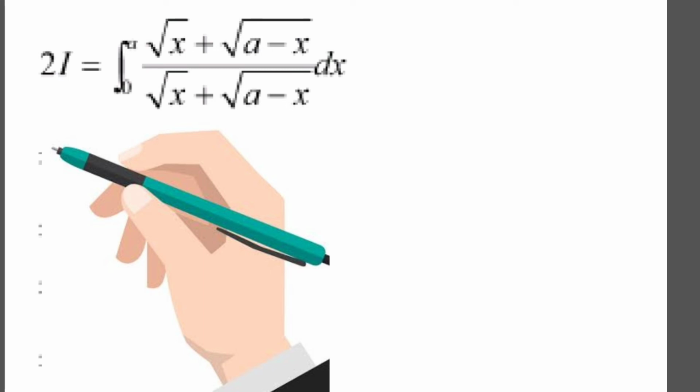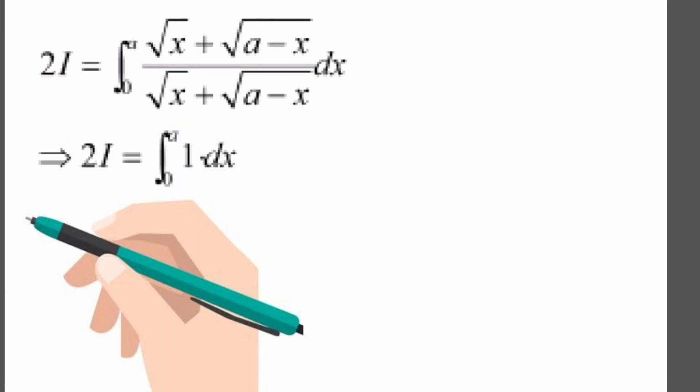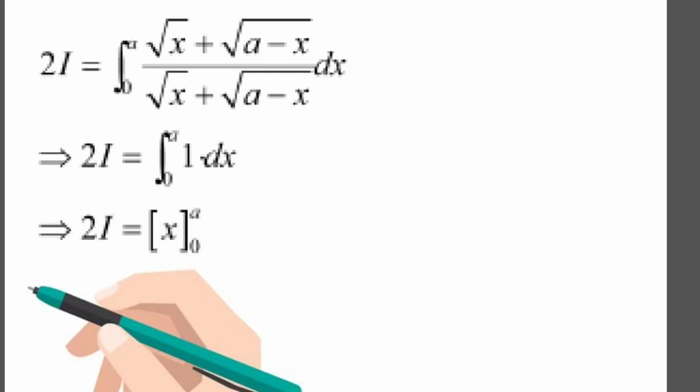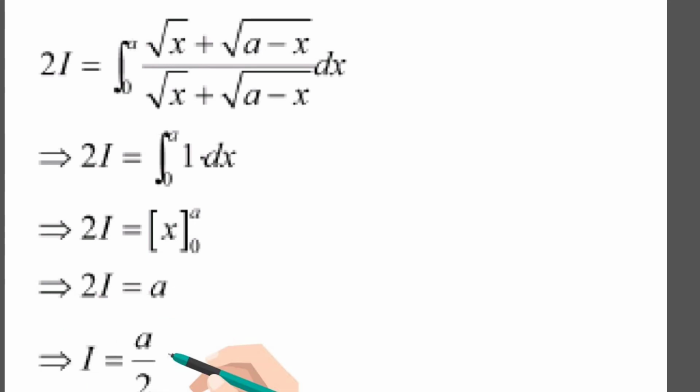If I cancel numerator and denominator, then I will get 1, and the integration of dx equals x. So 2I equal to the integral from 0 to a of dx, integration is x. After that, if I substitute the limits, then I get 2I equal to a. That means I equal to a upon 2, and that is your answer.